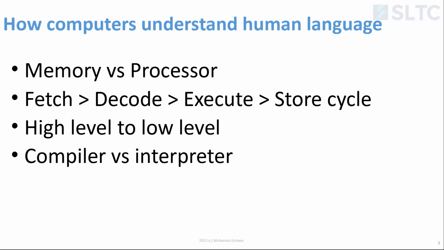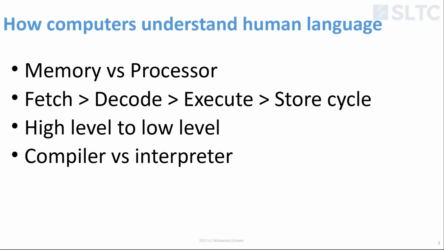And then if it requires additional data, gets that also, and then executes that instruction. And after execution, there may be some result. It requires storing, and that storing will happen. So that is the second point: fetch, decode, execute, store cycle.